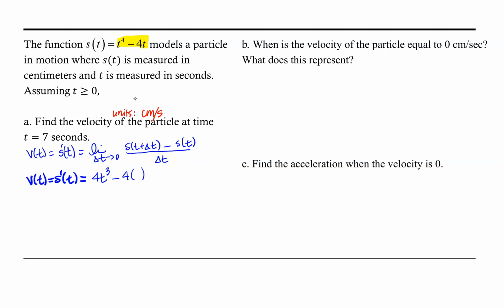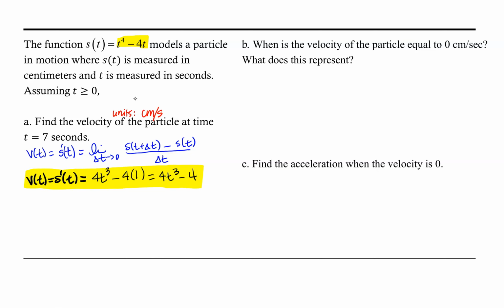Well, t to the 1 minus 1 power is t to the 0, or just simply 1. So this ends up being 4t cubed minus 4. That's our velocity function.